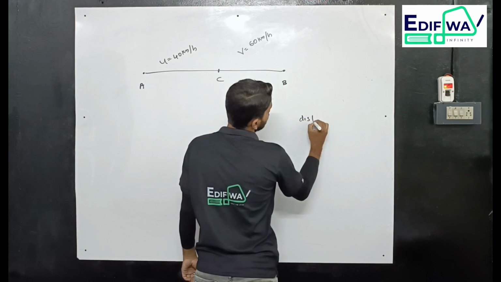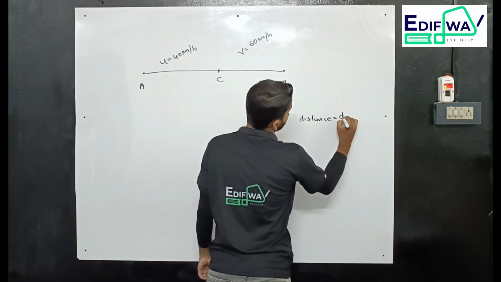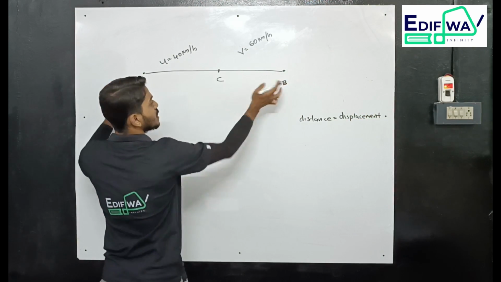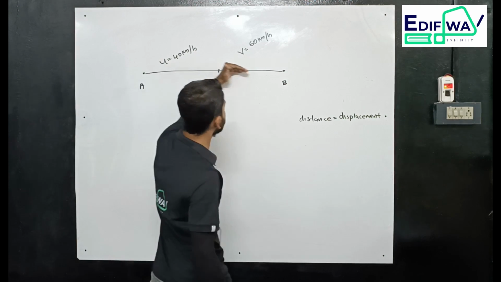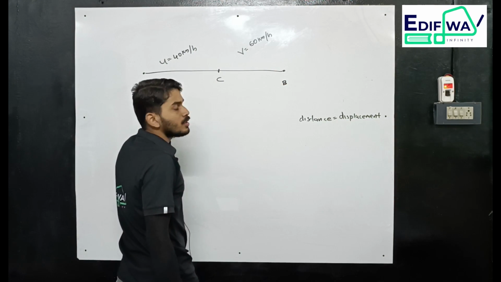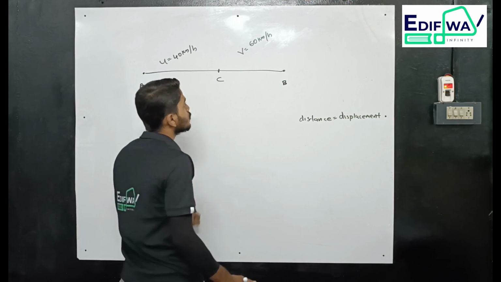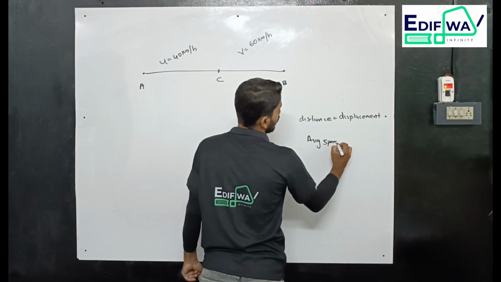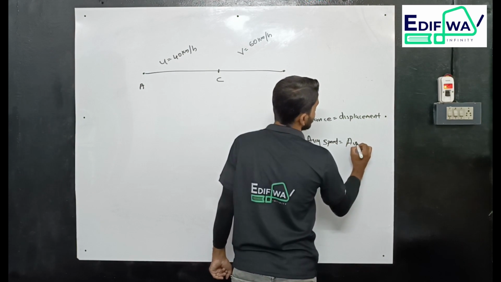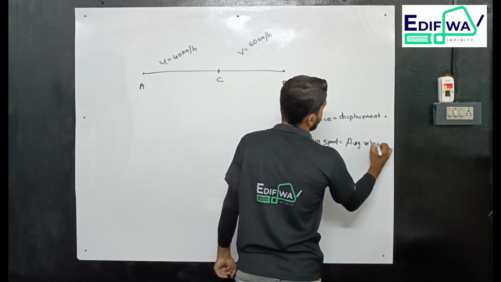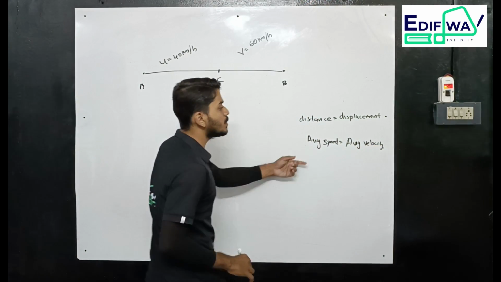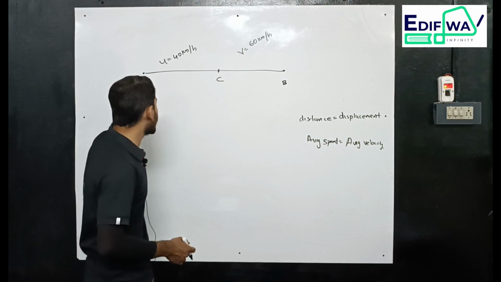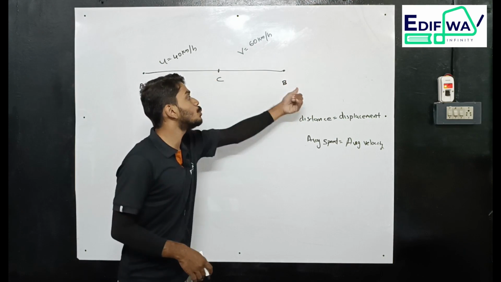Distance is equal to displacement because the vehicle is moving in a straight line from A to B. So your average speed will be equal to the average velocity, because your distance and displacement are same. Clear?